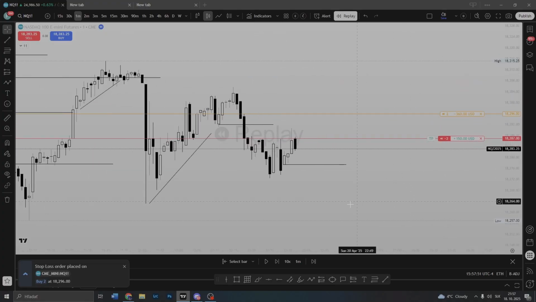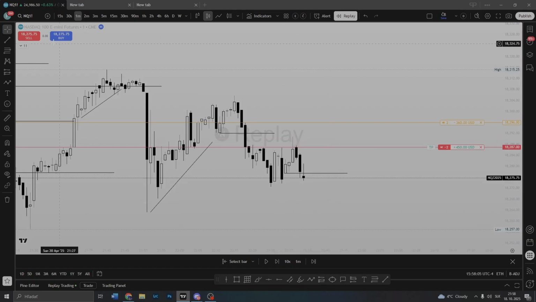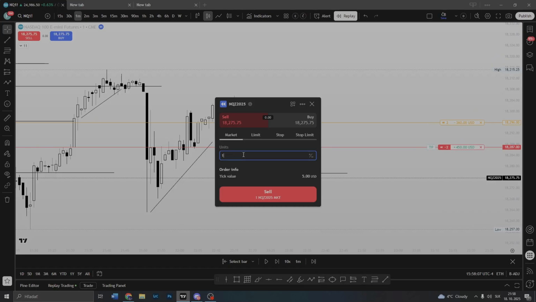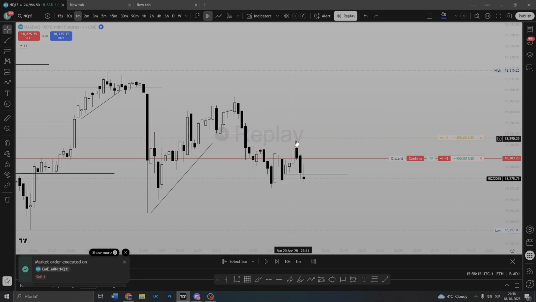Okay. There's a retest. We close below it, there's a retest. So right now we can add one more, and we can put our stop loss at this candle high right here, or we can do this candle.